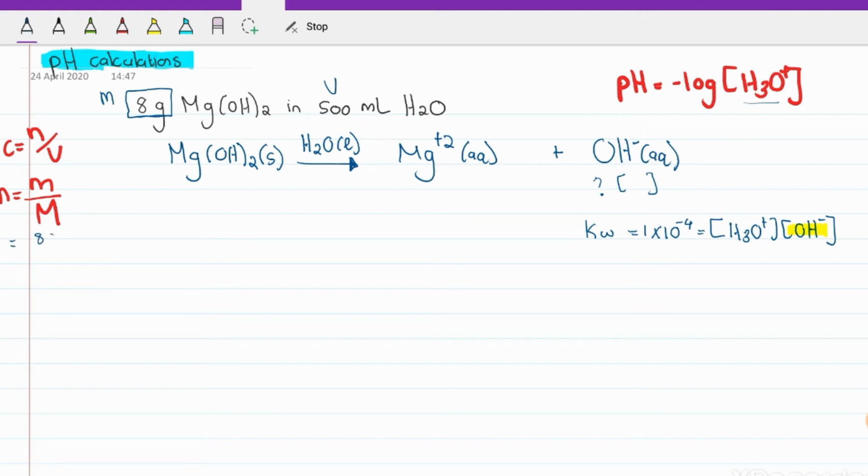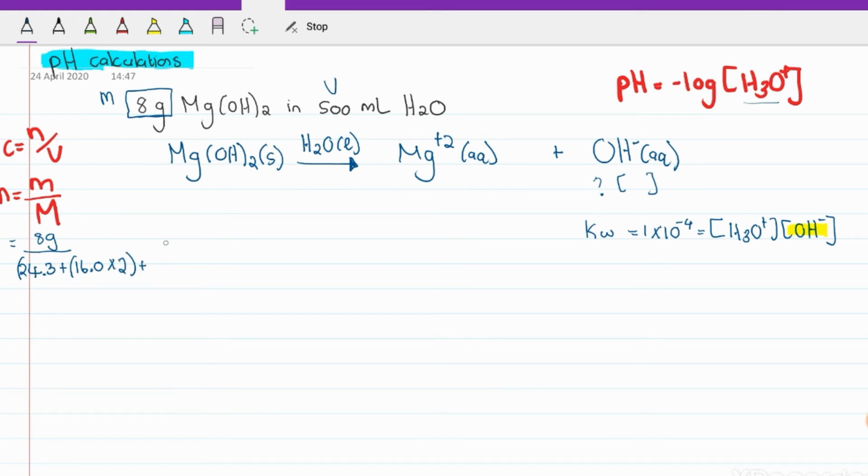So let's start off by calculating our moles first. So we know that we have 8 grams. And to calculate the molar mass, you're going to have to grab your periodic table and read the atomic mass from your periodic table. So for magnesium, it has a molecular mass of 24.3. Oxygen is 16. It depends on your periodic table. Sometimes you will have 2 decimal places, or sometimes you will have 1, or nothing at all.